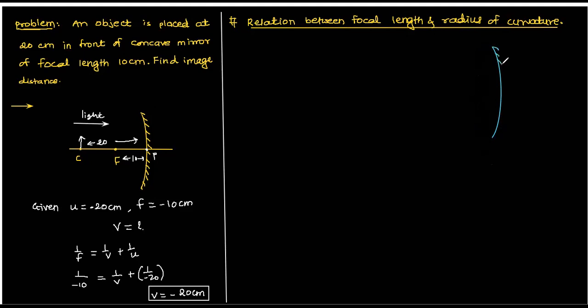You can see in the diagram, this is a concave mirror, and here is the principal axis.